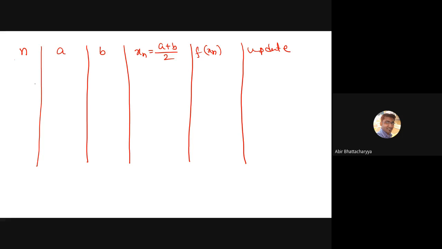All right, so first iteration: a equals 0, b equals 1, xn equals 0.5. f of xn, as you know, is x minus cos x. So in the calculator type answer minus cos of answer. Your calculator must be in radian mode. It comes to minus 0.3776.